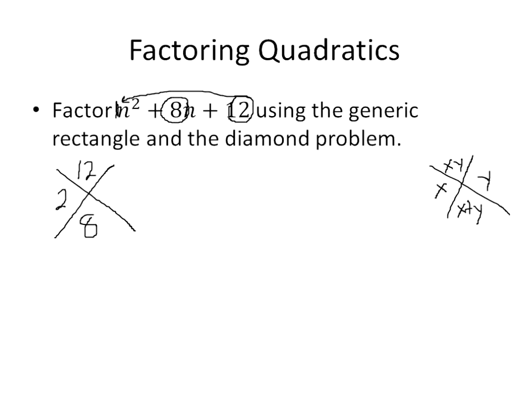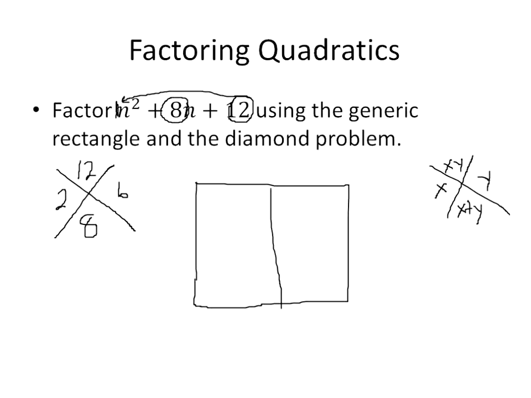I saw some of you put the 2 here and some of you put the 6 over here. Does it make a difference which side you put them on? No. Okay. And then after that, we're going to go to our generic rectangle, because remember, we had those algebra tiles and we found certain things kind of go into certain sections, and we ended up with about 4 sections, didn't we?